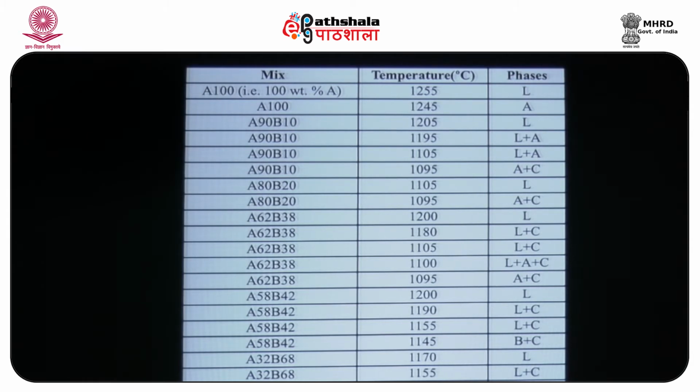If you plot your mixtures on the X axis, with 100% A on one end and 100% B on the other end and all the mixtures in between, and temperature on the Y axis, and then plot the phases, you get a diagram which tells you what the phases are.